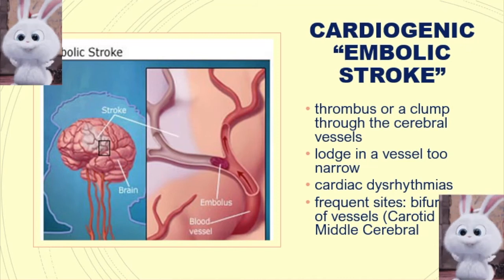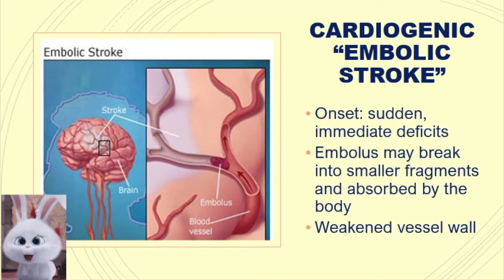Now the onset, class, of your cardiogenic stroke tends to be sudden, and immediate deficits may occur. The embolus, class, may break into smaller fragments and be absorbed by the body. There is a tendency for the embolus to break down, and then this could be reabsorbed by the body, making the symptoms disappear in hours to a few days.